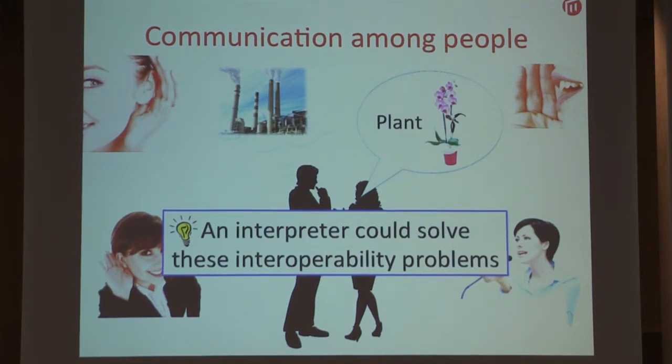How could we solve this problem among people? Well, in this case, we could consider that an interpreter could be in the middle while I'm speaking Italian, for instance, and is translating continuously between Italian and Swedish, translating and interpreting also.